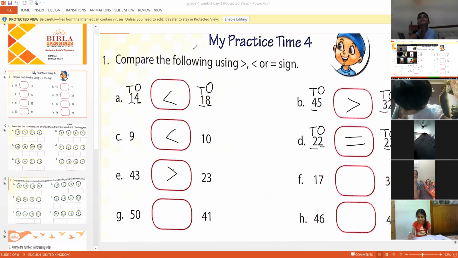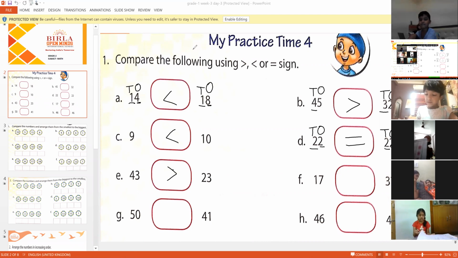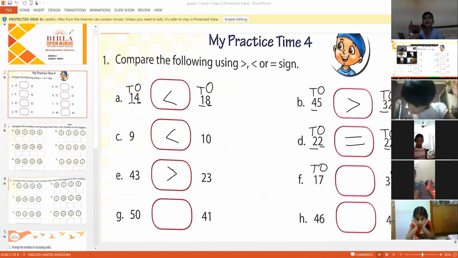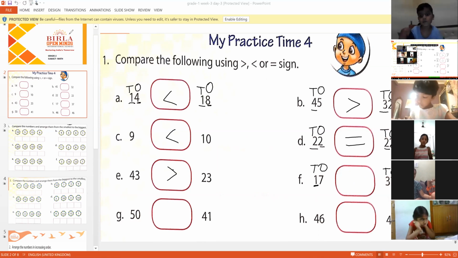Which number is greater, 17 or 37? Compare the number in tens place. Ashwath, in 17, what do we have in tens place? Look on your screen.